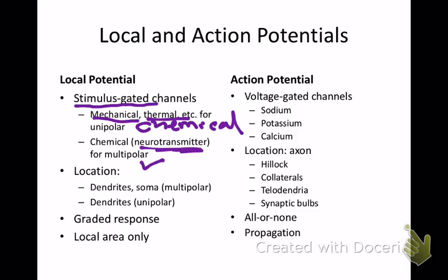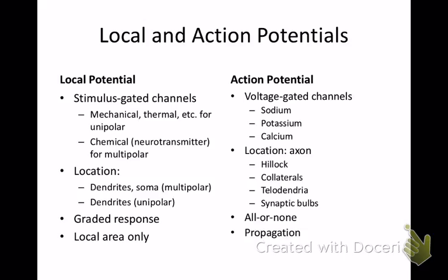Okay? So everybody got that idea sinking in? So where am I going to find mechanical gates? Sensory only. Sense of hearing and balance, tactile senses, blood pressure, that's a mechanical stress. Chemical is the only one that fits in both categories.